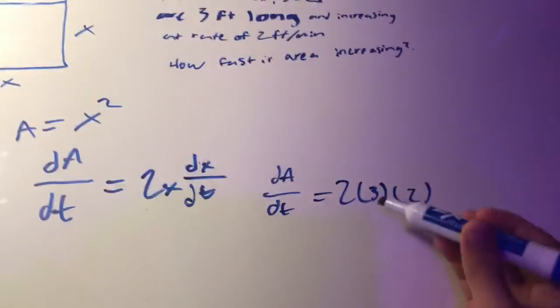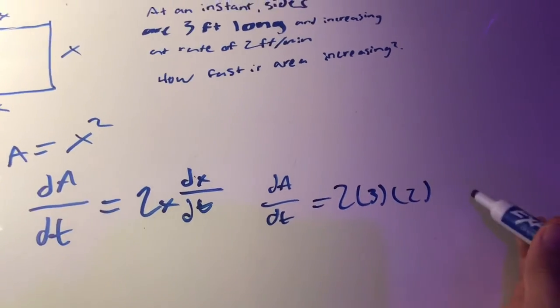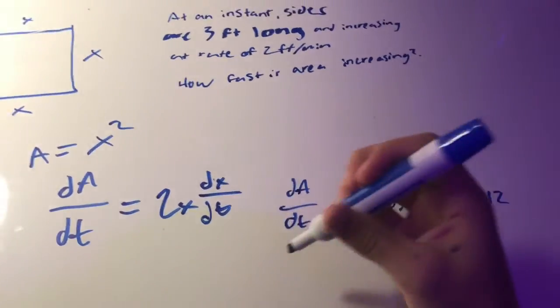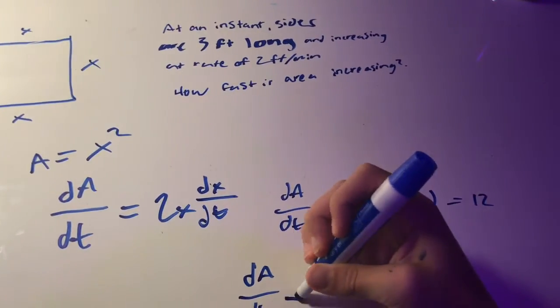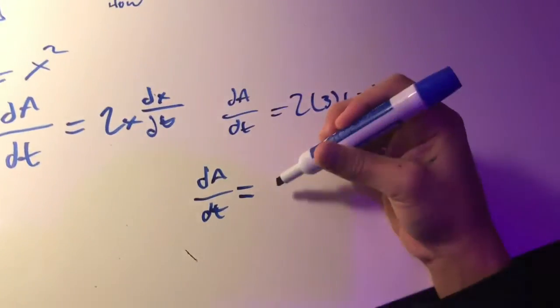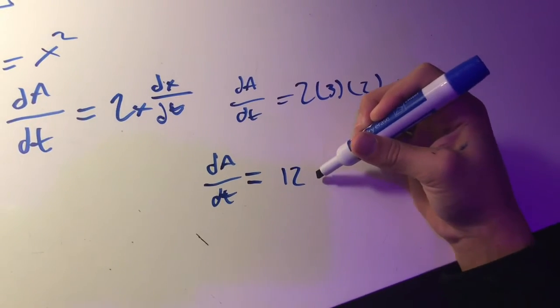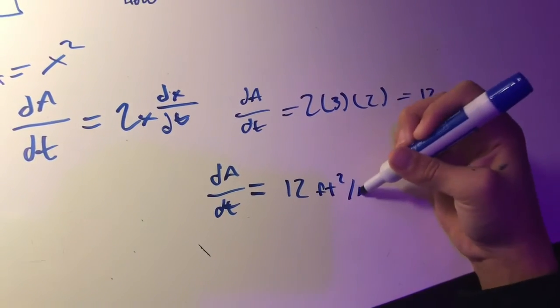So then we just multiply that out. 2 times 3 is 6, times 2 equals 12. So the rate at which the area is increasing at this instantaneous point is going to be 12 feet squared per minute.